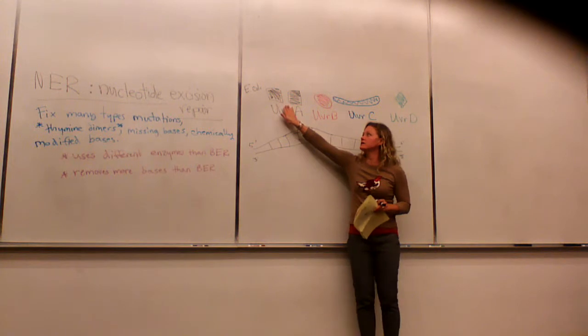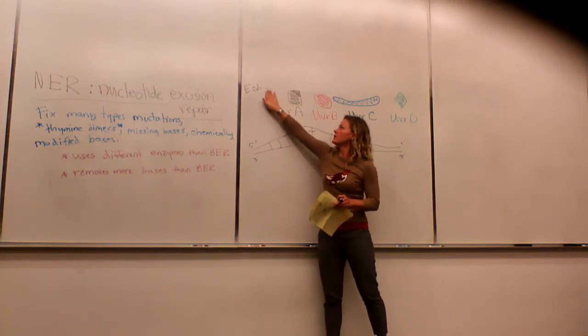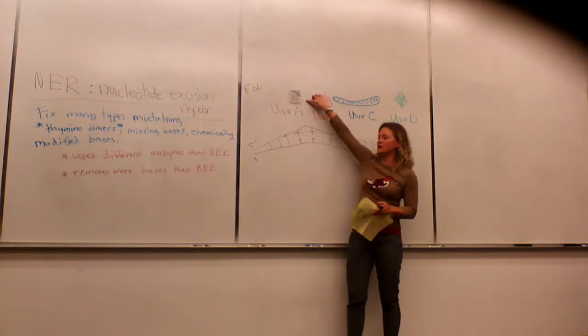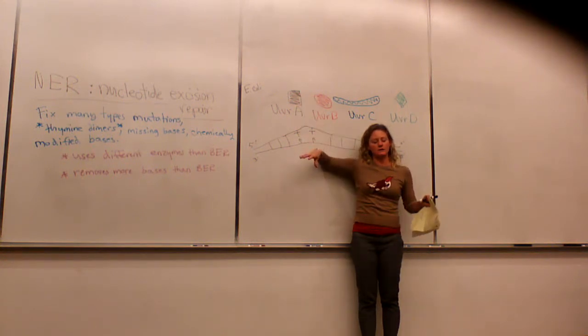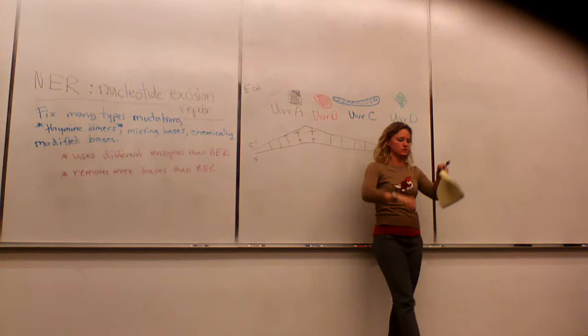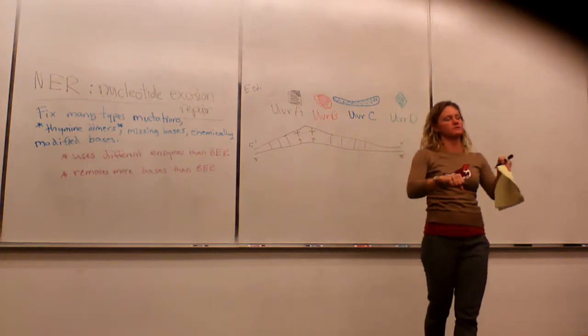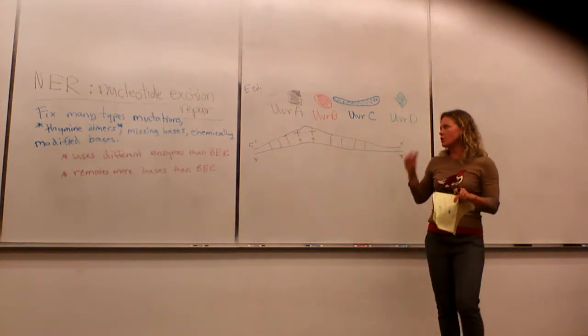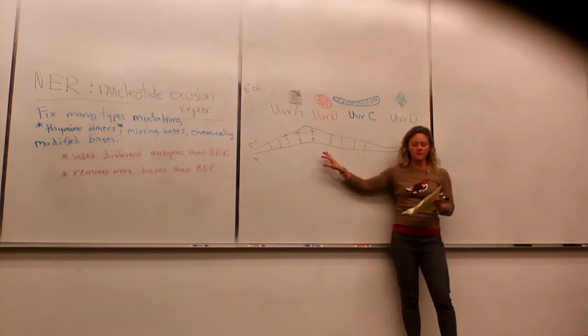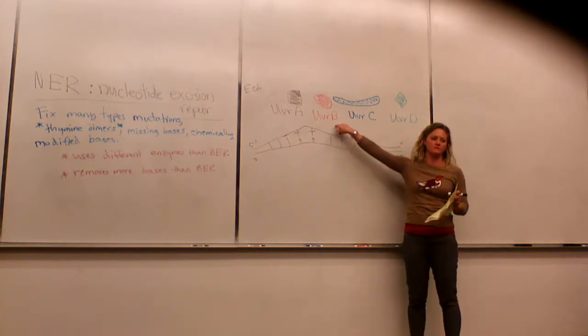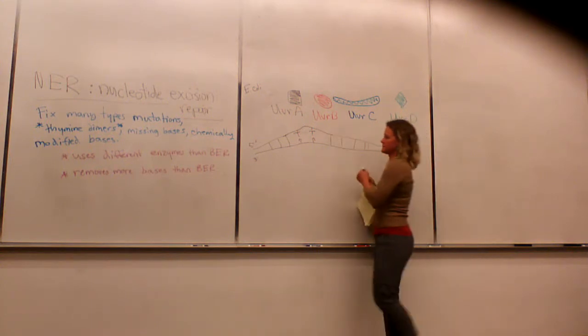UVRA, I'm showing it so you can kind of think that it's like one black box, the way I'm showing it here. But this protein operates together with two dimers of this protein. So that it's always found, UVRA is always found in duplicate, okay? And it's going to scan the DNA with the help of UVRB.